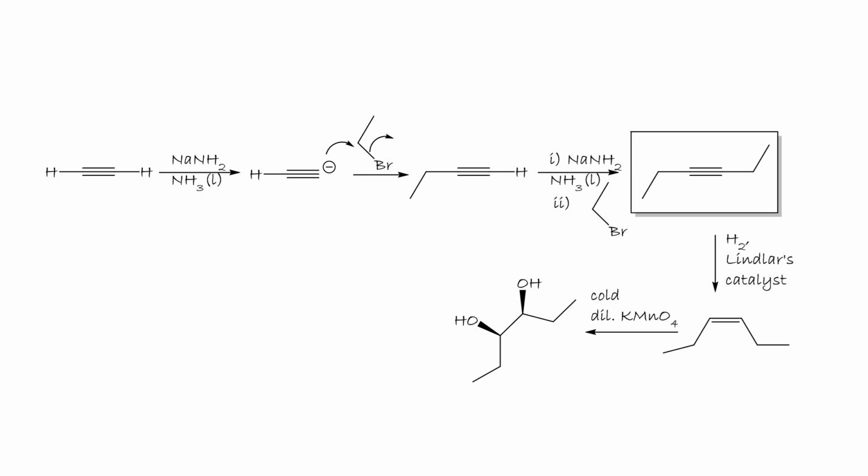Of course, starting from here to this compound is straightforward. We mentioned before, first treat this with sodium amide and liquid ammonia to get the acetylide, react this with bromoethane to get the butyne, treat that with sodium amide and liquid ammonia, then another molecule of bromoethane, and we get hex-3-yne.